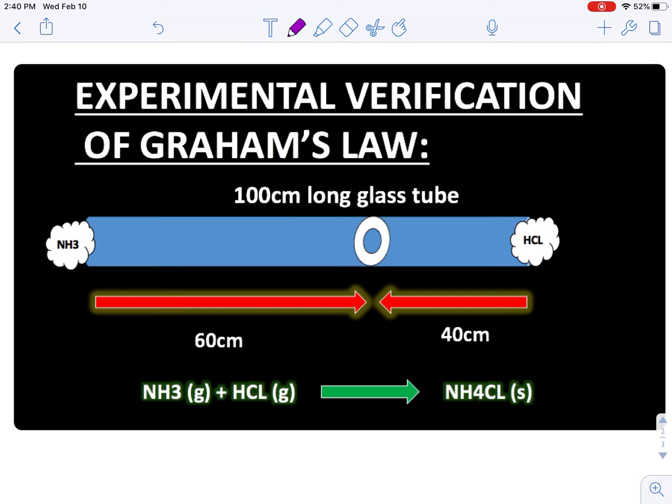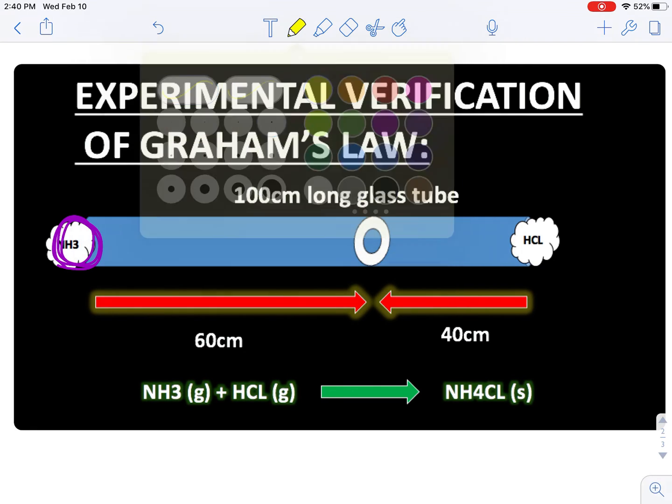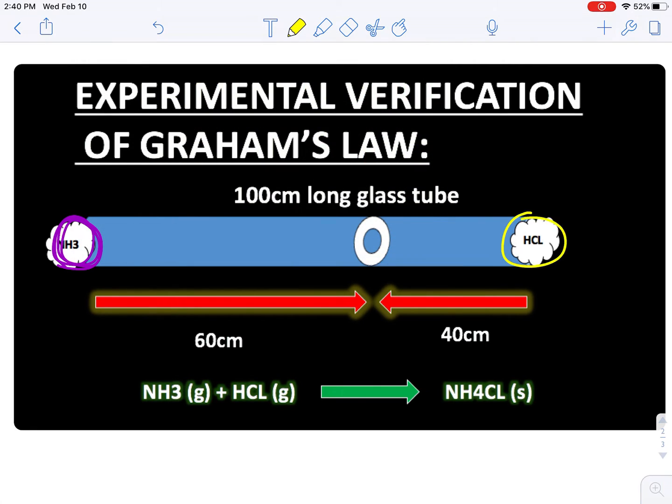Graham's law came about as a result of two gases reacting together. One gas is nitrogen trihydride, or ammonia. The other gas is hydrogen monochloride.